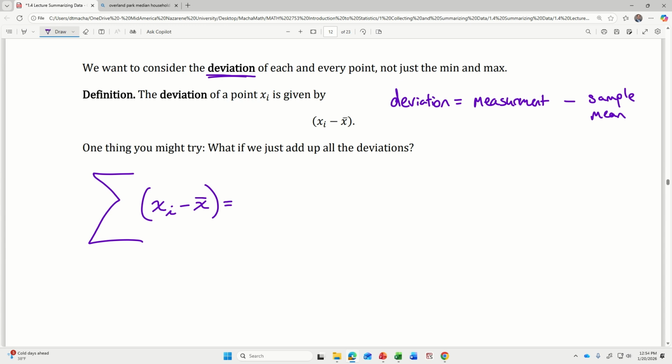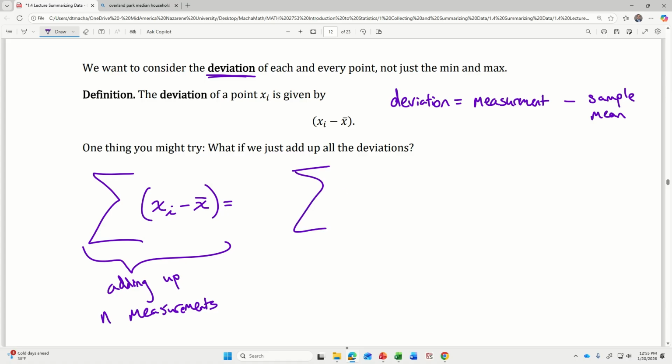I can commute terms in a big sum. I can move them in whatever order I want. And so as I'm adding up n different measurements, if n is my sample size, this would be equivalent to saying, let me take the sum of these n different measurements, and instead of adding up their deviations, add up the measurements and then subtract n times the sample mean.